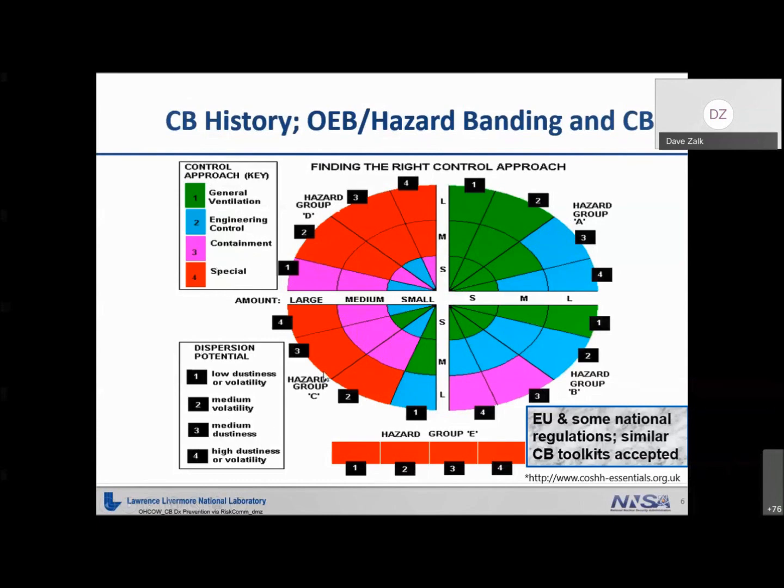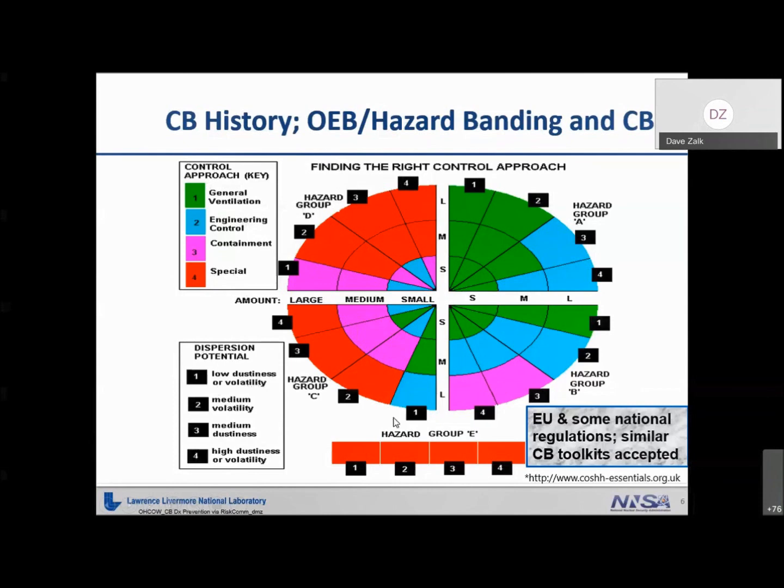And the dispersion potential is dustiness for the powders, and also volatility for the liquids. So with that simple piece of information, you can figure out where on this chart you end up, and then what is the right control outcome.